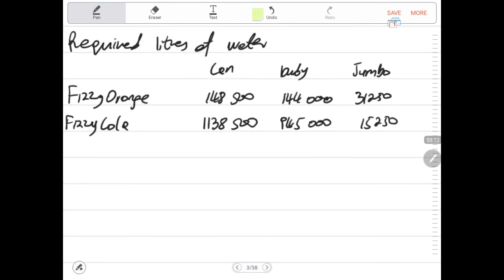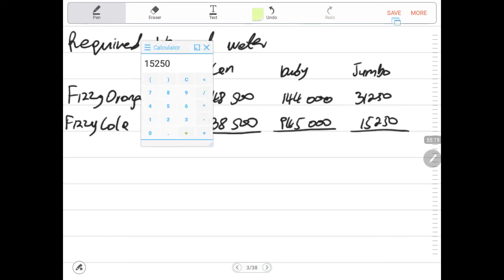If you wanted, you could have added the cans, the bodies, and the jumbos. That would be easier, and you just multiply with only one amount, plus 31,250. By doing so, that will give you 46,500. Then 144,000 plus 945,000 will give you 1,089,000 liters of water.